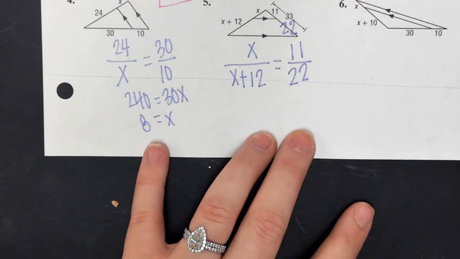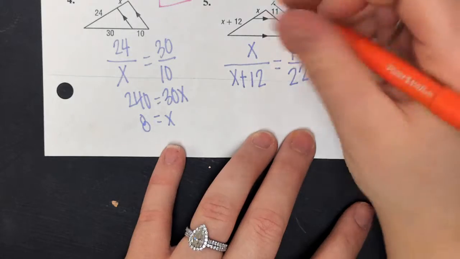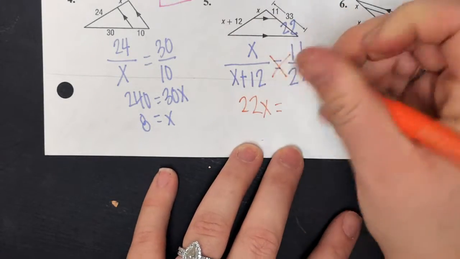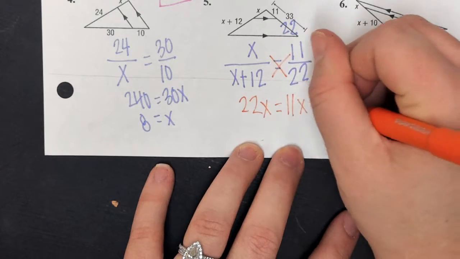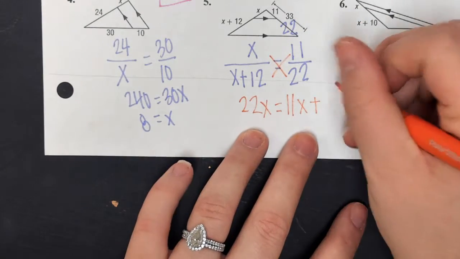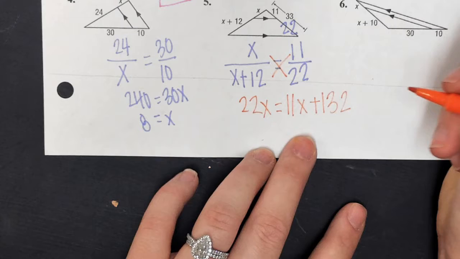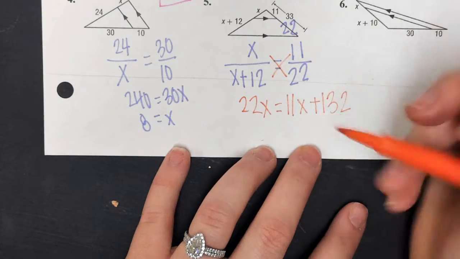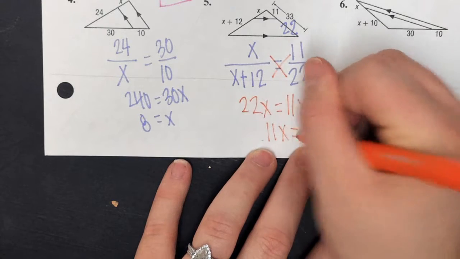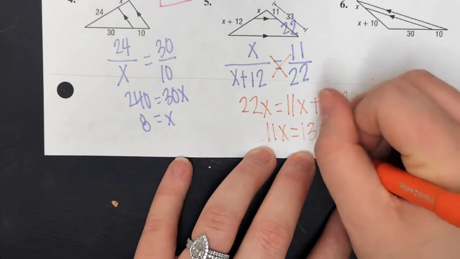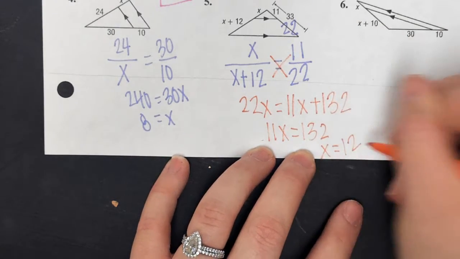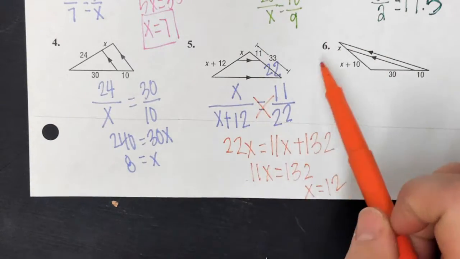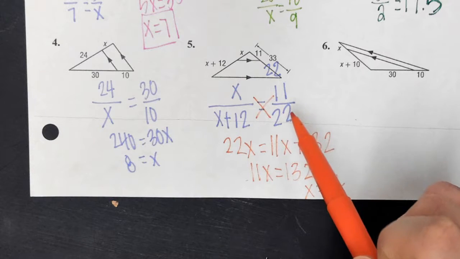Y'all are doing really good. Keep it up. Cross multiply. 22x is equal to 11x plus 132. Okay, subtract 11x over, you get 11x equals 132, which x equals 12. Did anyone set it up the other way? x over 11 equals x plus 12 over 22.